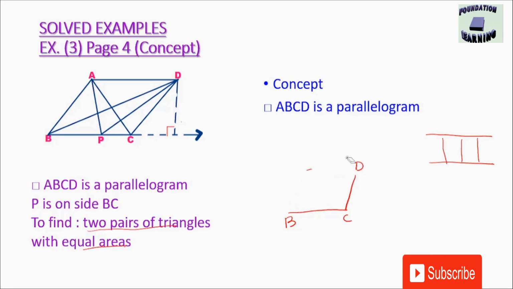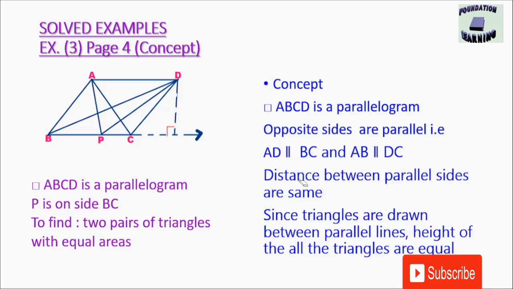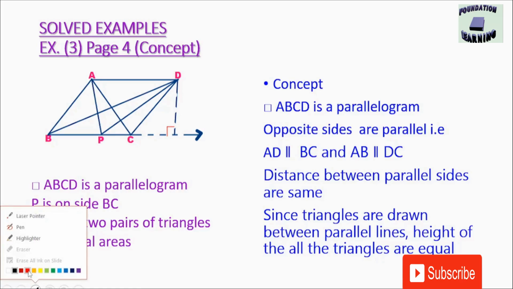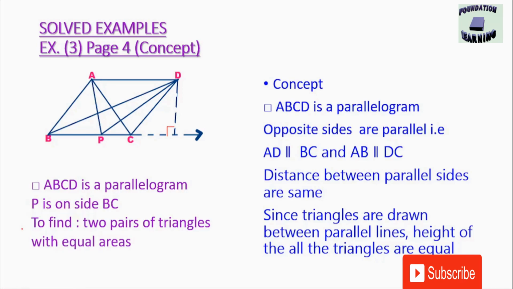In order to find the area, we have to find the base and height. Before we go, we'll just revise the concept. ABCD is a parallelogram, as given in the question, and opposite sides are parallel. Which opposite sides are parallel? AD is parallel to BC and AB is parallel to DC.